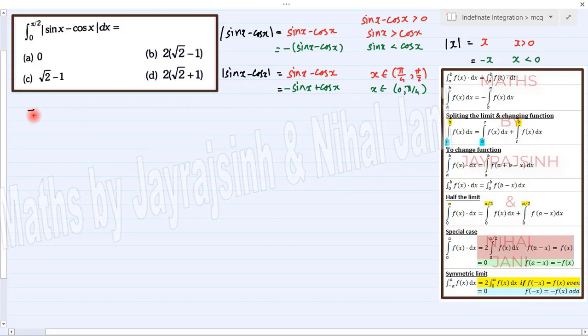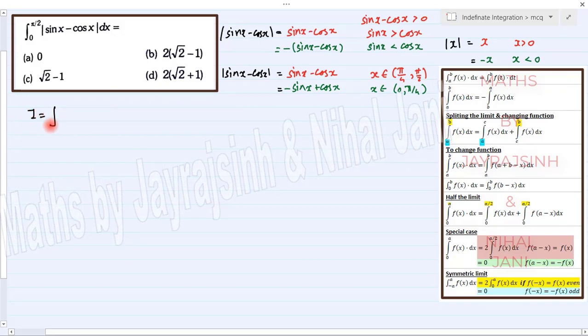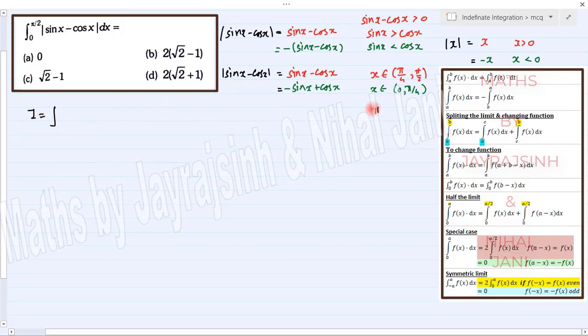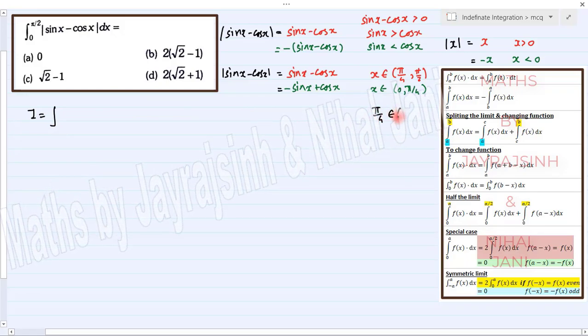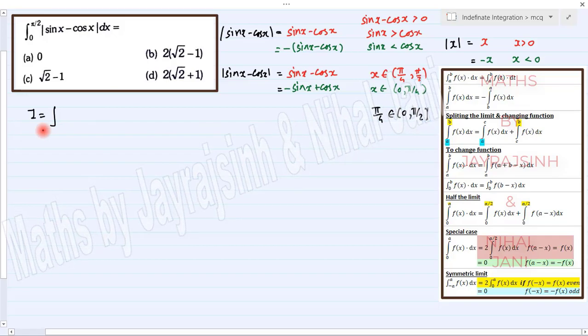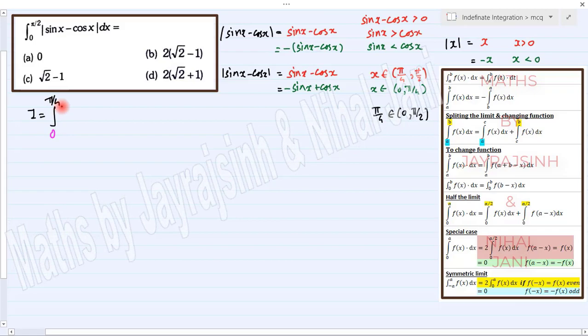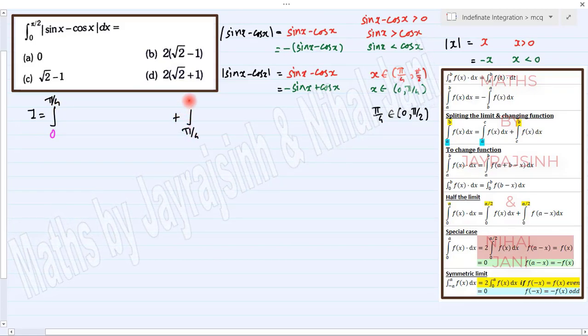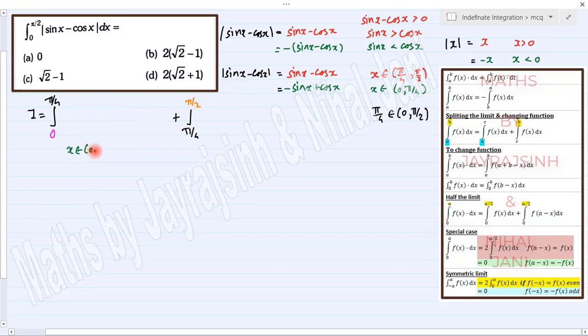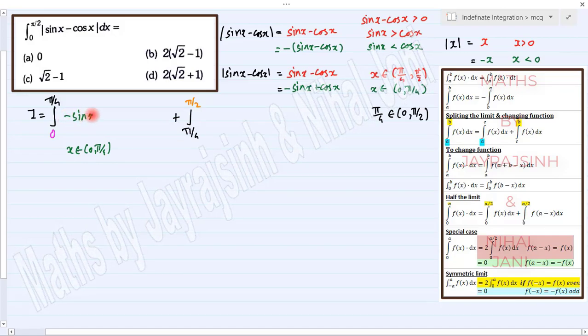So we are ready to split our integration. Here your changing point is π/4, which belongs to 0 to π/2. So we have to split our limit as 0 to π/4 and from π/4 to π/2. Now, for 0 to π/4, your function must be minus sin x plus cos x.